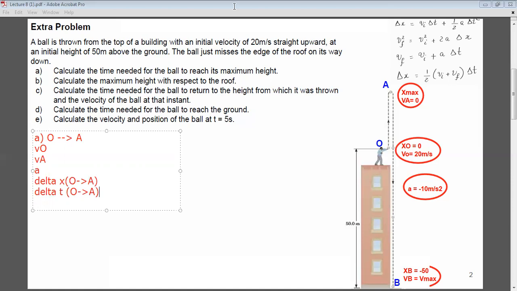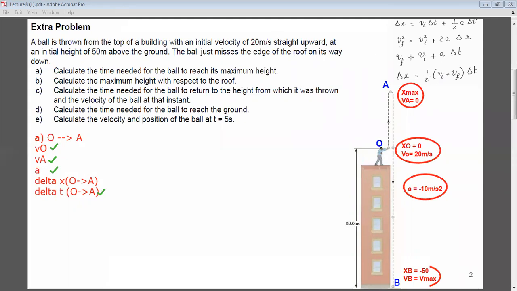Let's see. I know V initial, it's 20. I know V maximum, it's 0. I know the acceleration, and it's asking me to calculate delta T. So I come to my equations. Which equation has V initial, V final, acceleration, and delta T?